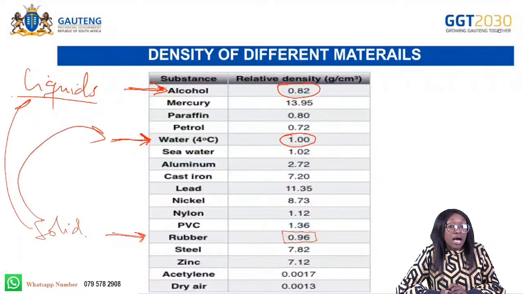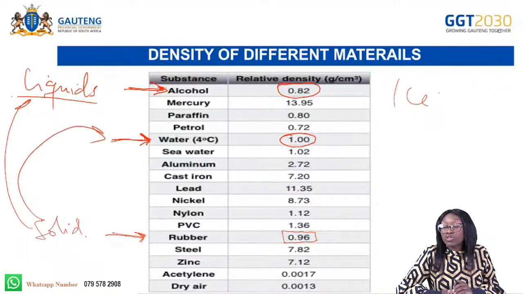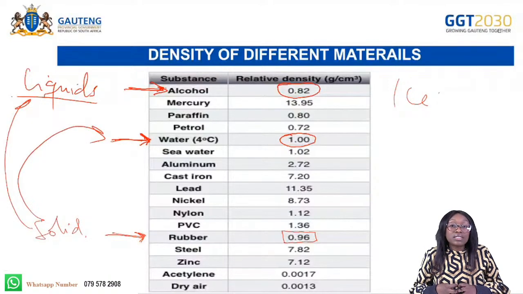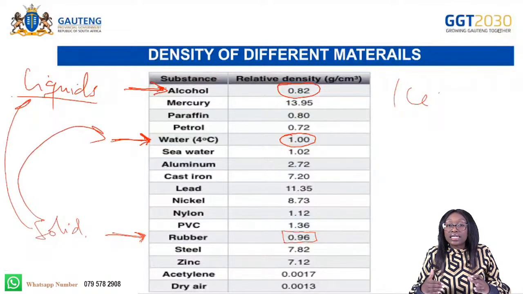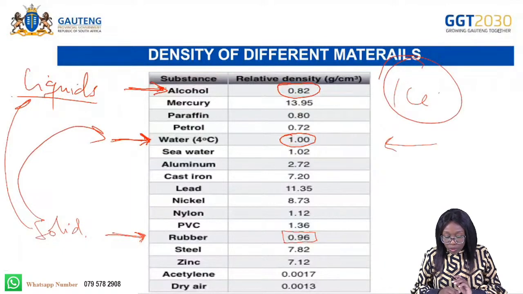Just like ice. Ice floats on top of water, which means ice is less dense than water, because when water freezes, the spaces between the particles, or the water molecules, increase, making ice less dense than liquid water.